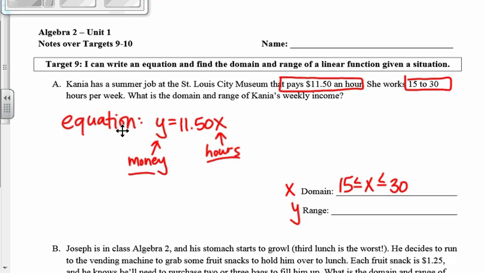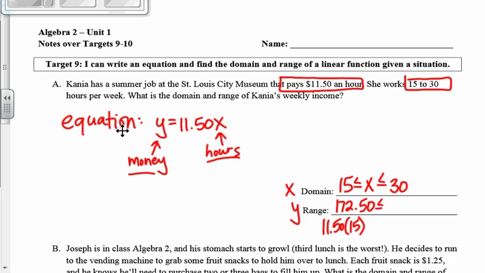That would be $11.50 times 15 hours. So $11.50 times 15 would give you $172.50. Kanaya will never make less than that because she's never going to work less than 15 hours.